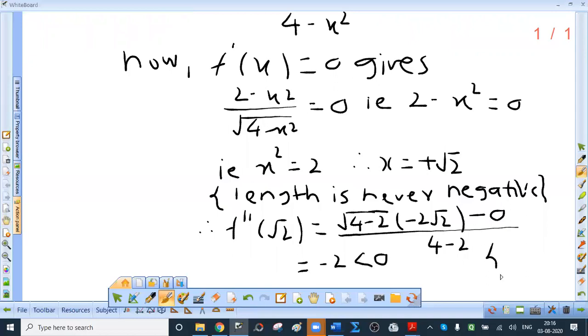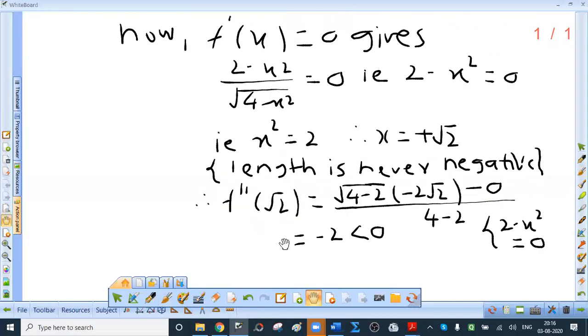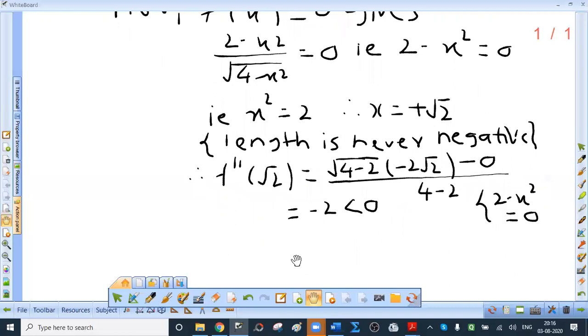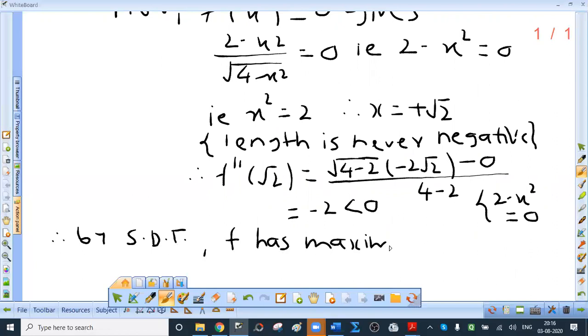Here I will just mention that 2 minus x square is nothing but 0. So by second derivative test, you have to mention this. Therefore, by second derivative test, function has maximum at x equal to root 2.